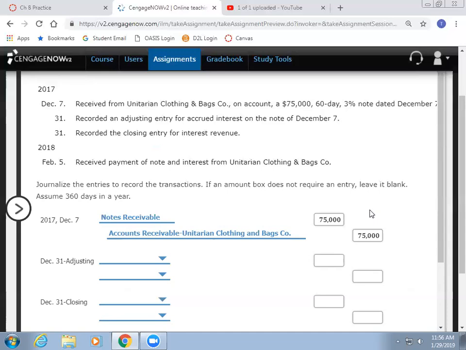So we would take 75,000 times, what was it, 3%, times 24 days over 360. Very good. $150 of interest has accrued as of December 31st.